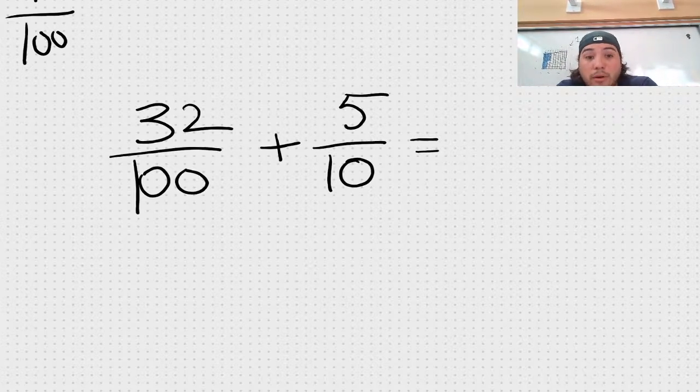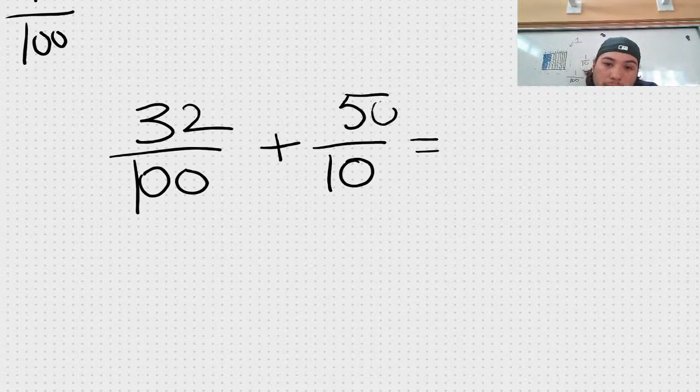Okay, so think about making your denominators the same if you have tenths and hundredths. The quickest fix for that is to just add a 0 top and bottom to your tenths, because you're multiplying by 10 tenths.